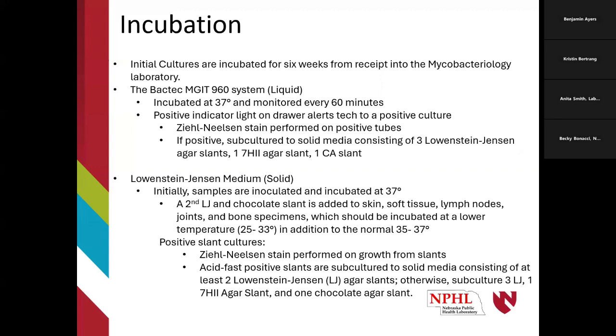And the 7H11, for those of you who do acid-fast bacilli cultures, 7H11 agar is very good for detecting Mycobacterium avium intracellulare complex, or MAC. They grow very well on 7H11 agar.